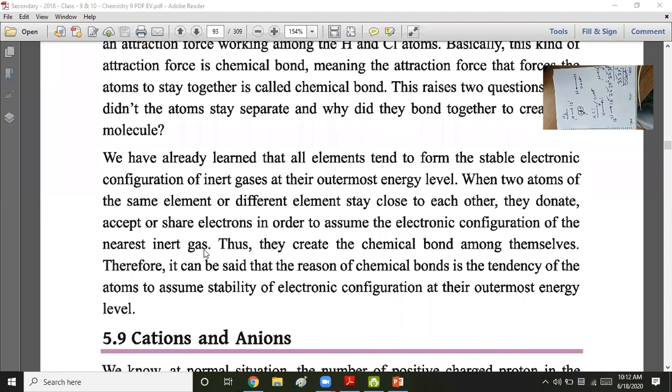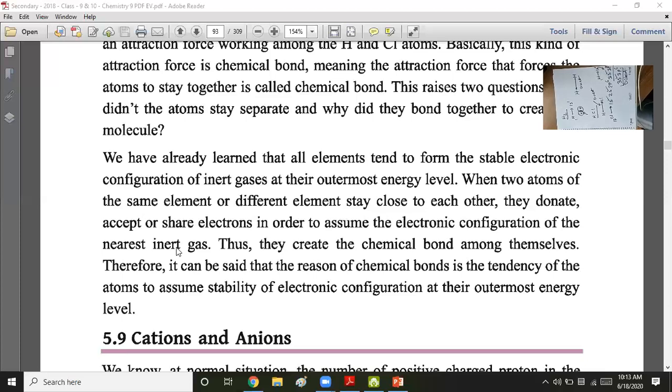So in the case of the hydrogen molecule, they share their electrons and it looks like a helium atom, because by achieving the duet rule, it shows the electronic configuration of helium, because the number of electrons of helium is 2. Is it clear?